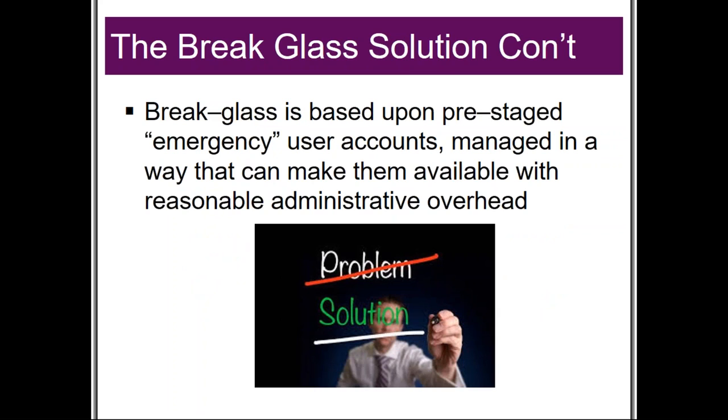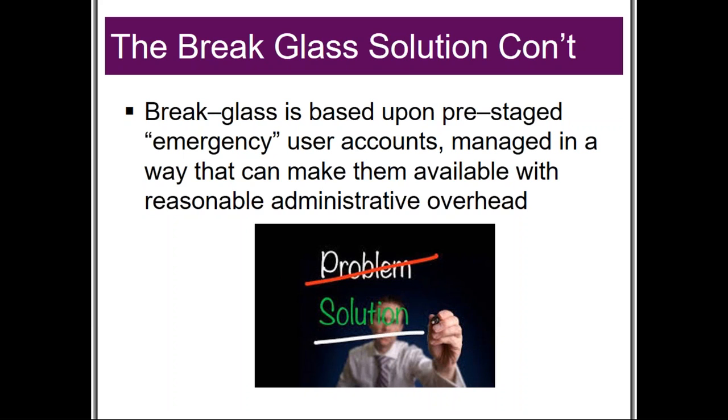As I mentioned already, break glass is based on those pre-stage emergency user accounts that I talked about, and it's going to be managed in a way that can make those accounts available with reasonable administrative overhead. So this solution that I'm proposing can be used with a broad range of existing systems and different types of architectures that require operators to first log in, such as with their username or their password, before access is granted.